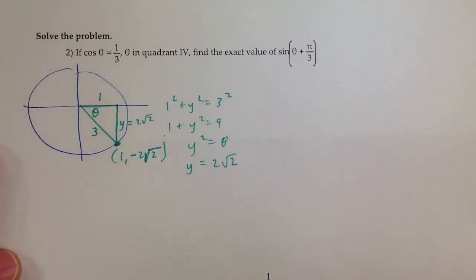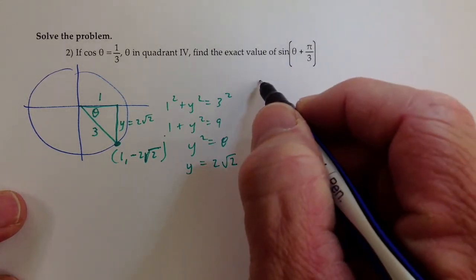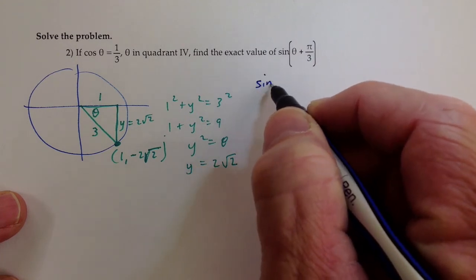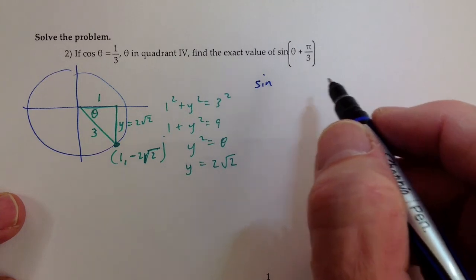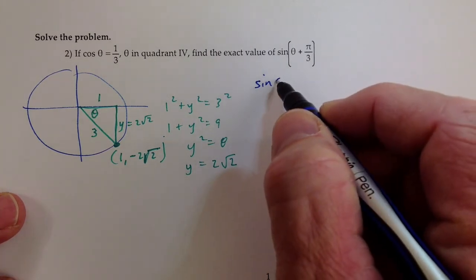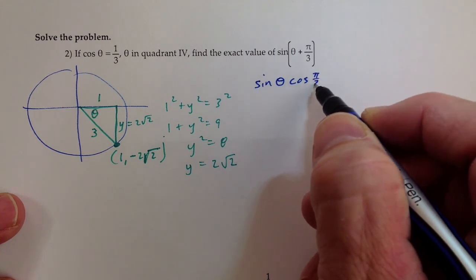Okay, and so what are we trying to find? We're trying to find the exact value of sine of theta plus pi over 3. So we're just going to use the addition formula for the sine of the sum of two angles. Sine of the first angle, multiplied by the cosine of the second angle, pi over 3.